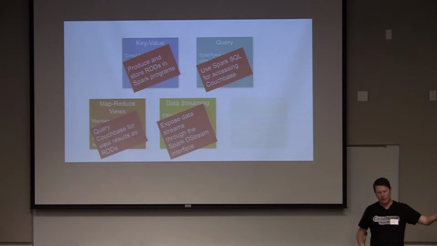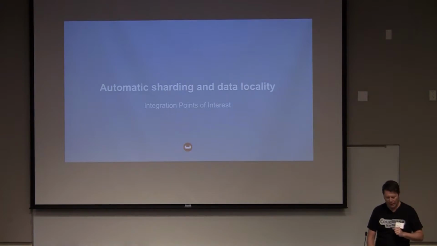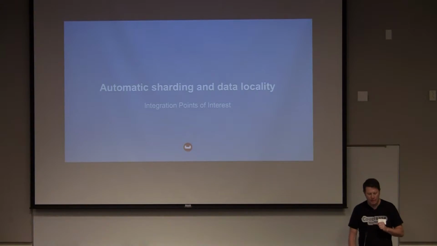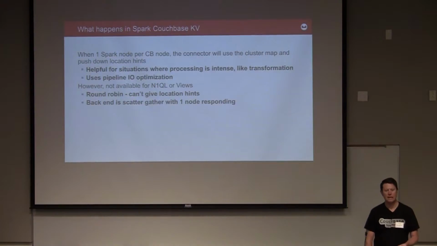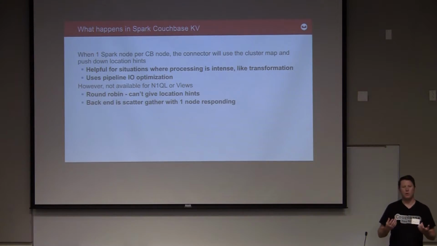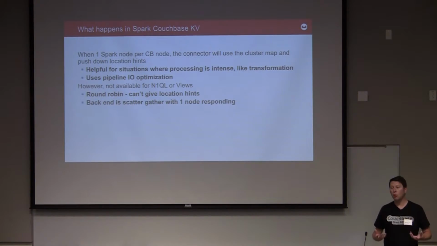Okay, so now that we get a sense of what Couchbase is and does and some of the architectural aspects, how do we connect those? In Couchbase, if you're talking about a distributed system, one of the key things is to make sure that you're operating very efficiently, right? And with Spark, one of the ways that we can deploy is you can actually put a Spark node directly on top of the same physical operating system that a Couchbase node is on.